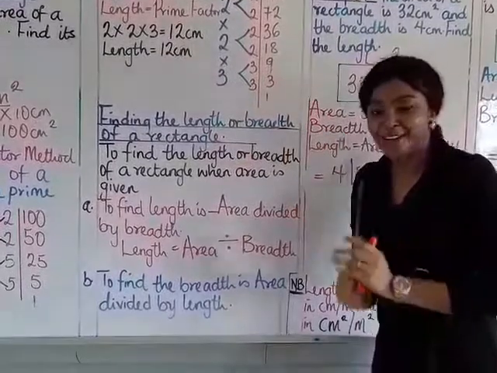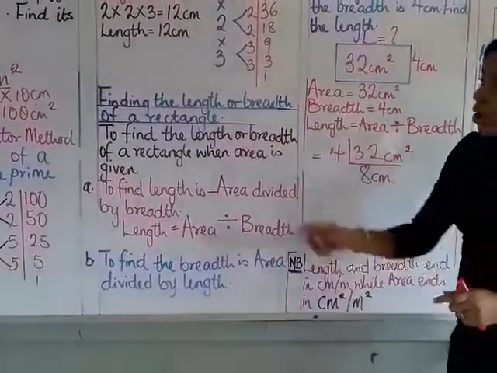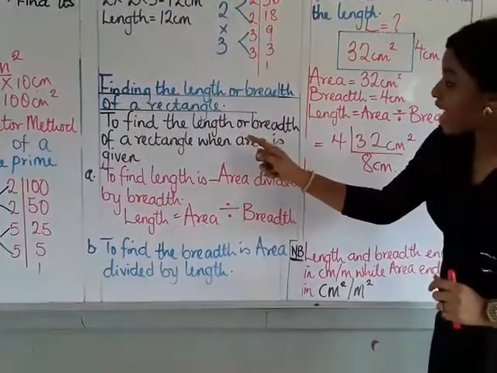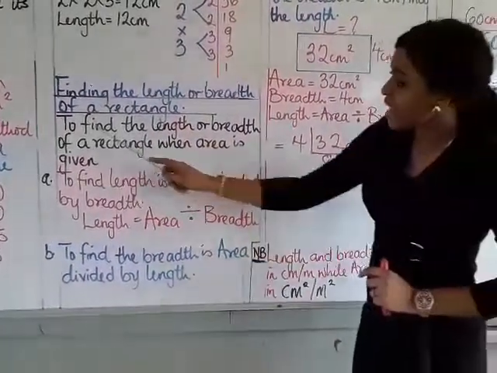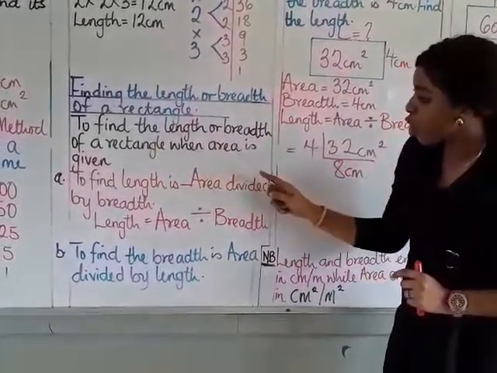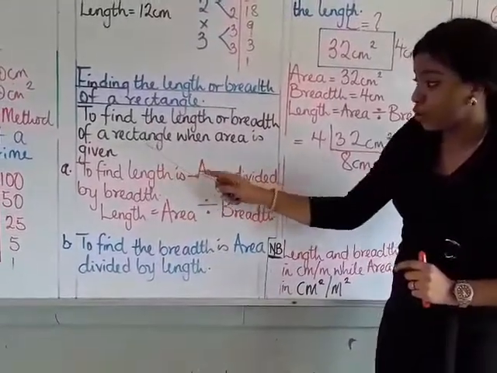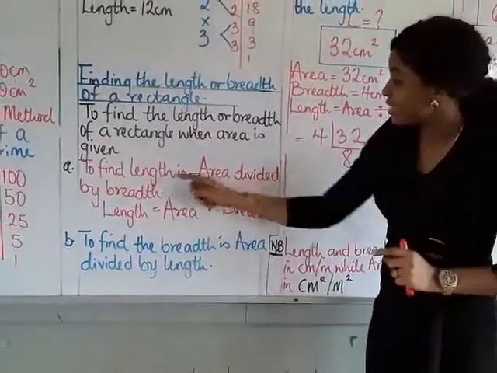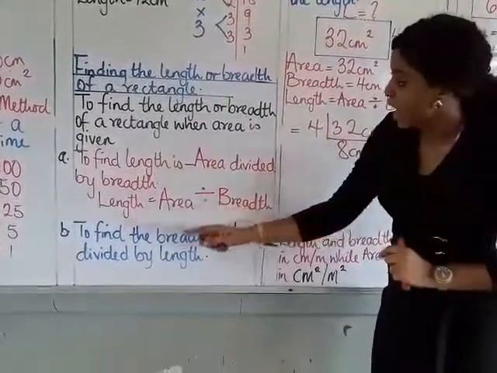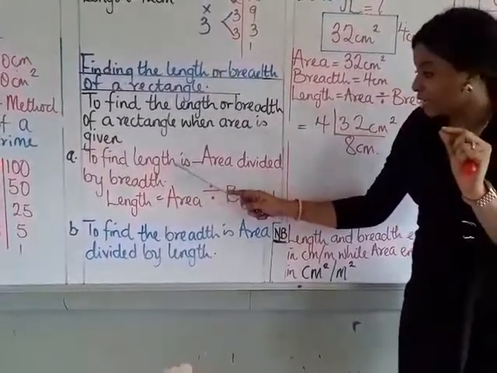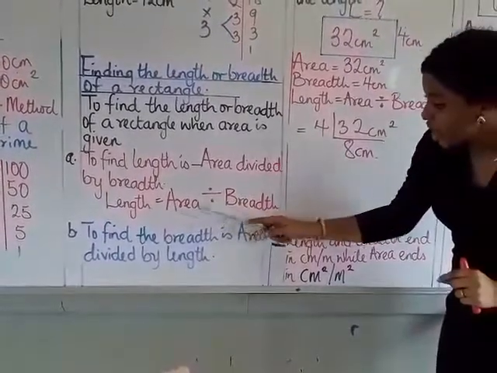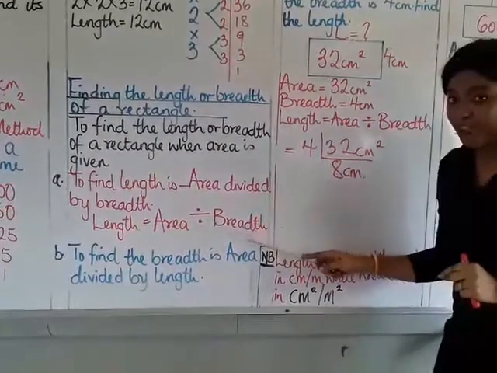Is that clear? Great. Now children, we are going to be finding the length or breadth of a rectangle. Now, to find the length or breadth of a rectangle when area is given, the formula to find length is area divided by breadth.